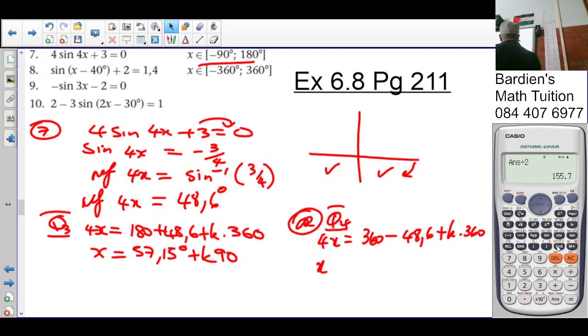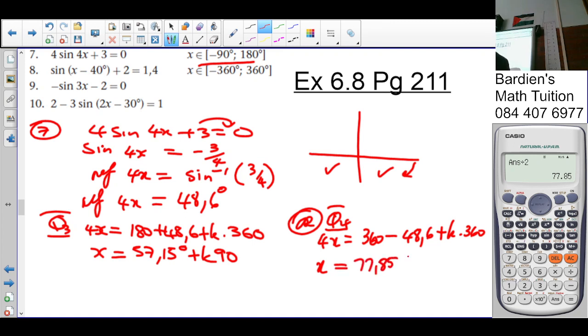That gives you 77,85. Plus k times 90 degrees, where k is an element of integers. Do you all agree with that?